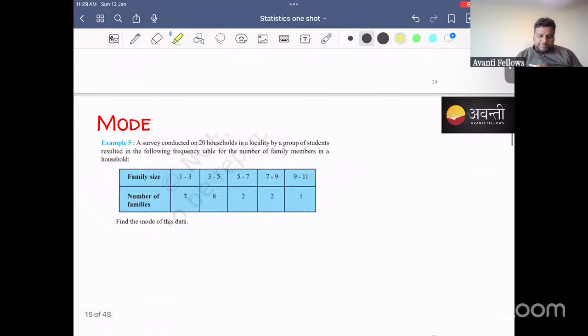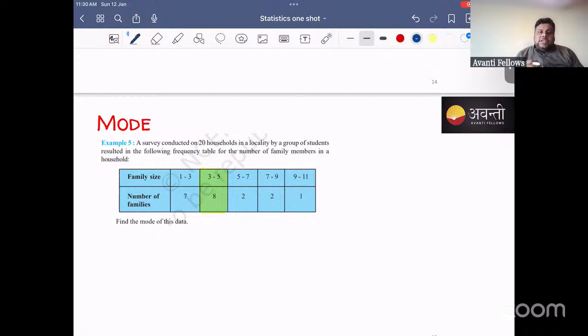Now see here. A survey conducted on 20 households in a locality by a group of students resulted in the following frequency table for the number of family members in a household. Now if you see, this is going to be your modal class because it has the highest frequency.